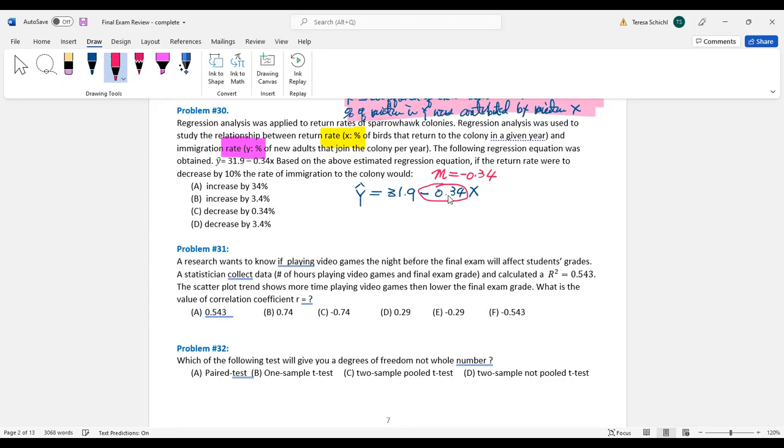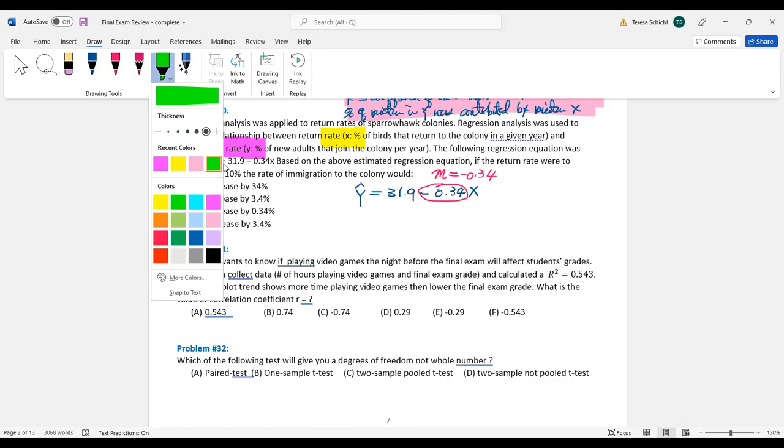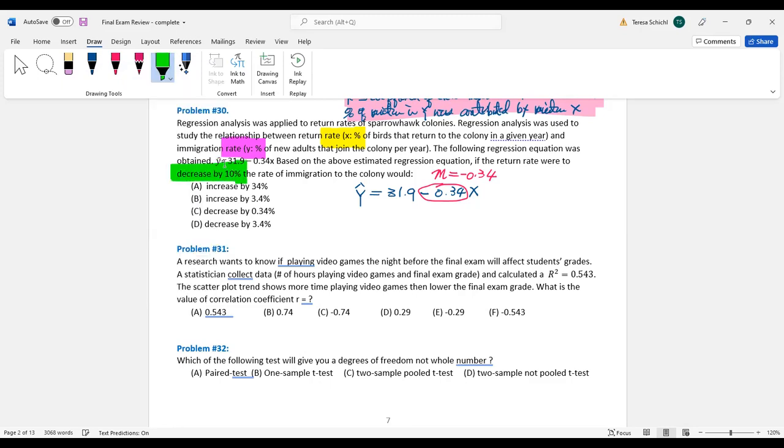But now here they said, if the return rate decreased by 10%, then what is the rate of the colony going to change?